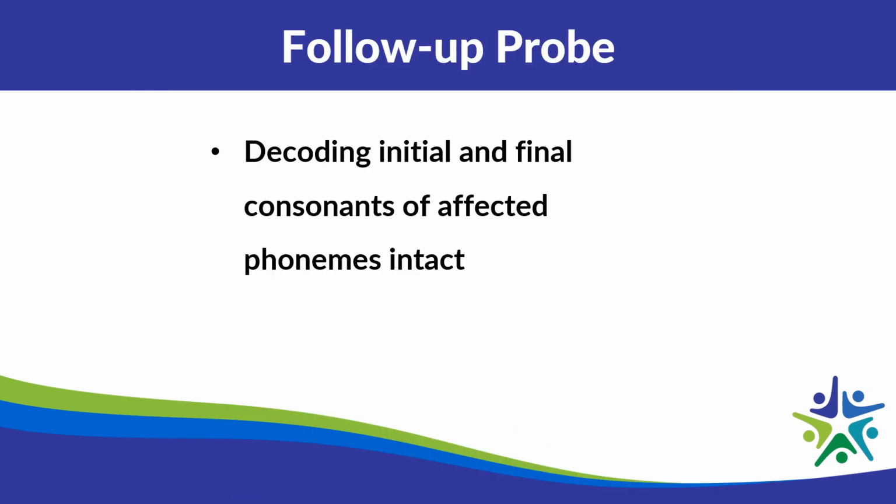So the SLP did some follow-up probing looking at initial and final consonants of the affected phonemes. And what they found is that the student could decode the sounds that they produced incorrectly just fine. That the decoding of these phonemes was generally intact.